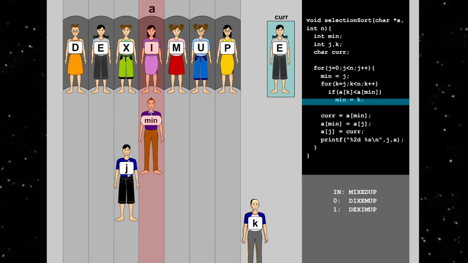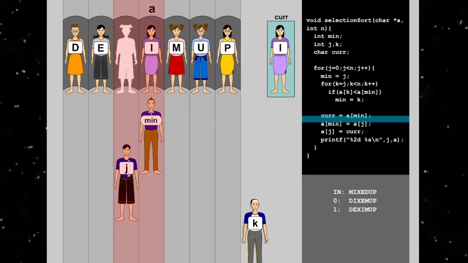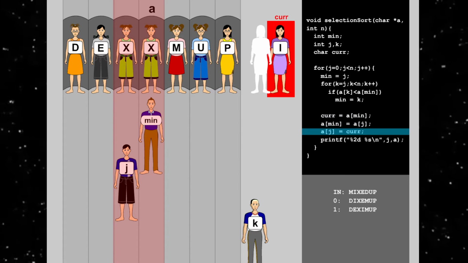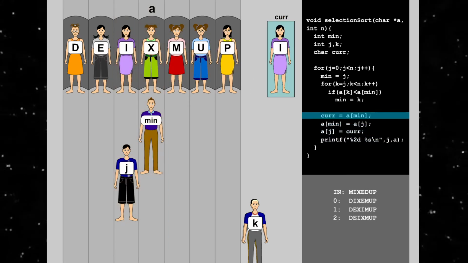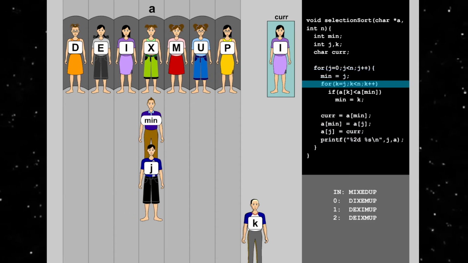Then we swap the characters in min and j. Then we print out the value of j and A. Similarly, we repeat the whole process until j reaches n.